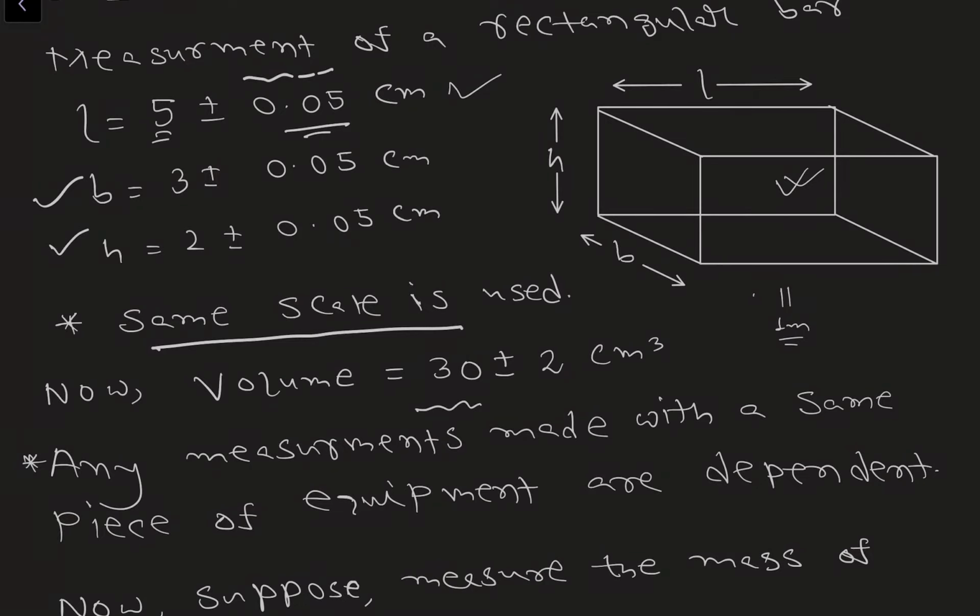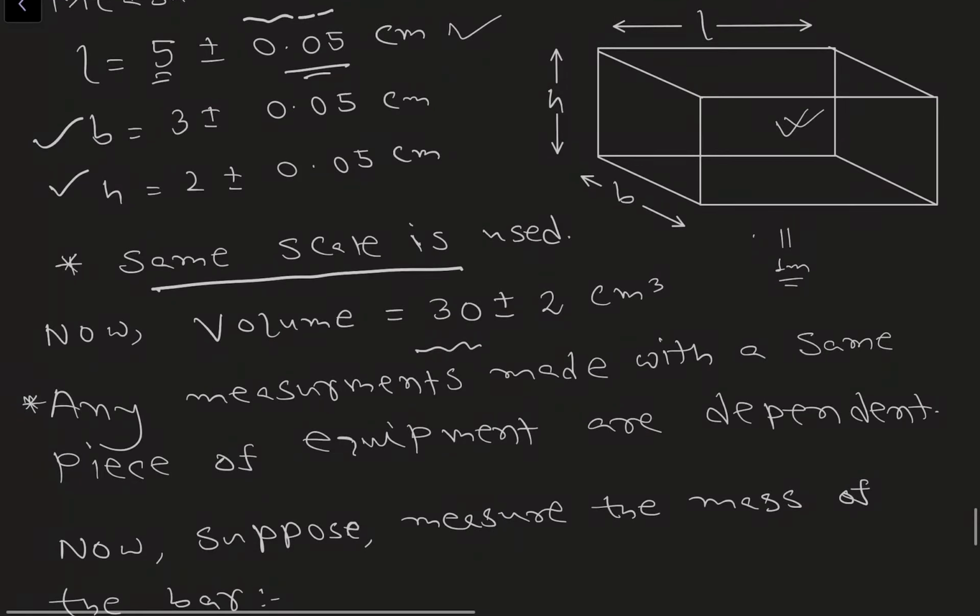So in case of error, while we are measuring length, breadth and height, these errors are dependent errors. Like, the error in the measurement of length depends on breadth, also height.